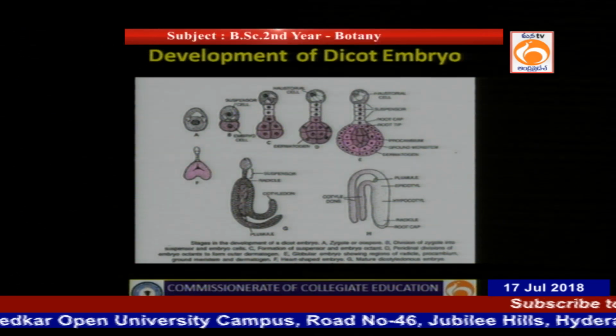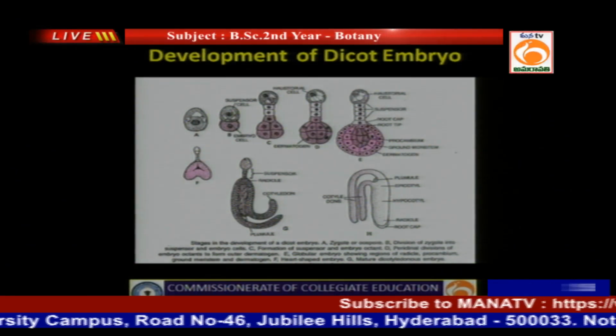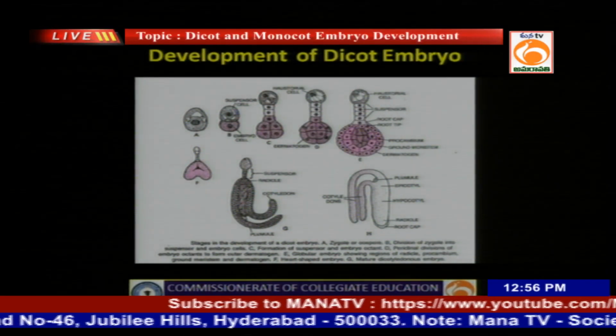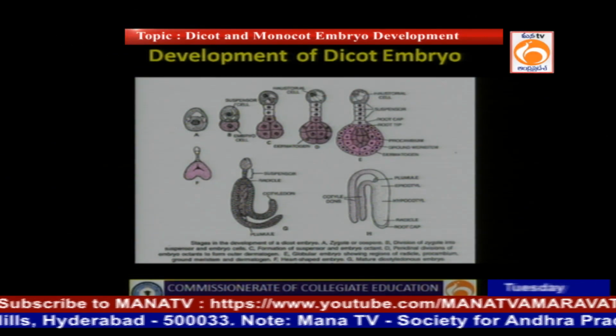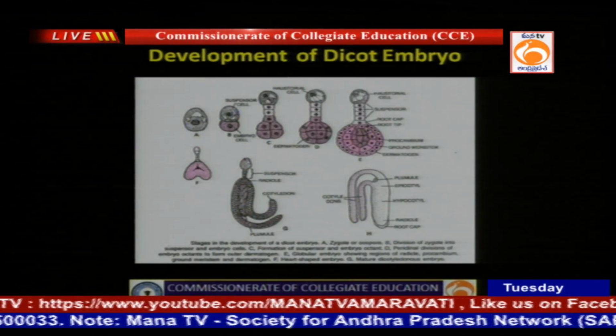The apical part of the suspensor is somewhat swollen, that is called the haustoria. This haustorium shows inward growth, and the suspensor helps in pushing the embryo towards the endosperm. And the haustoria, sometimes having inward growths, also help in absorbing food materials.